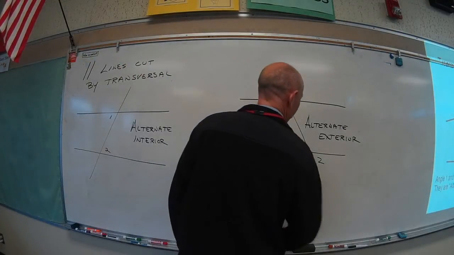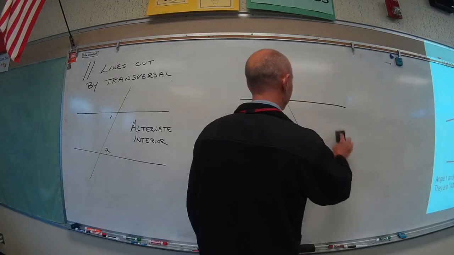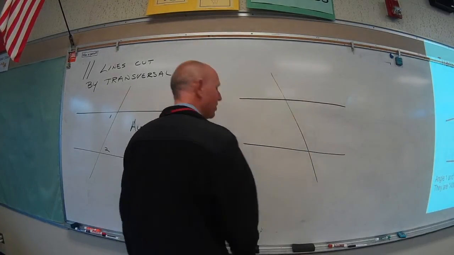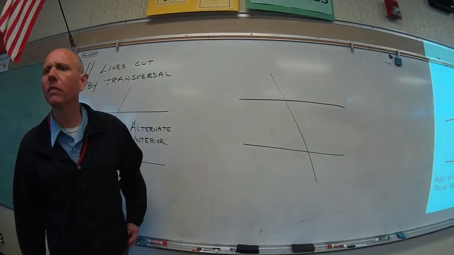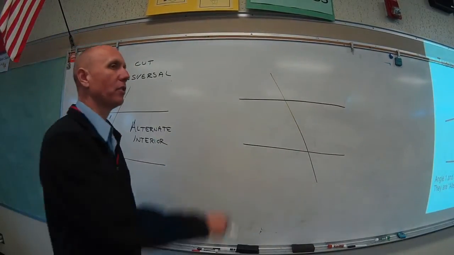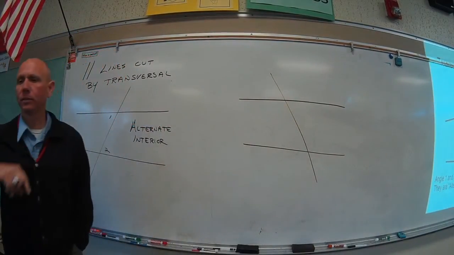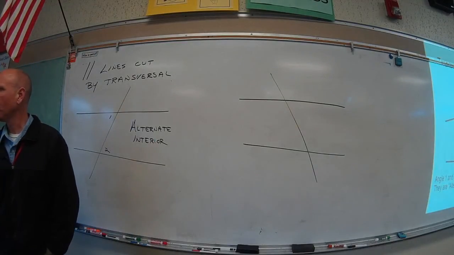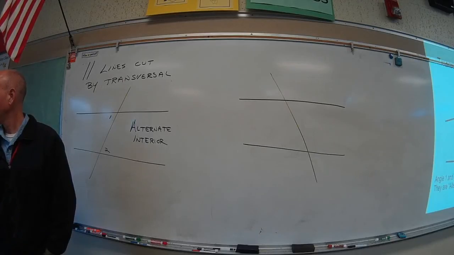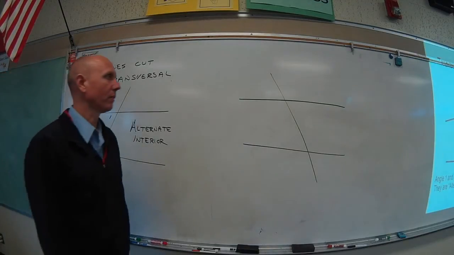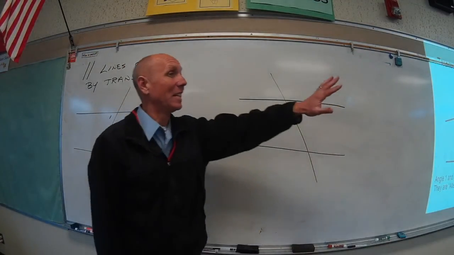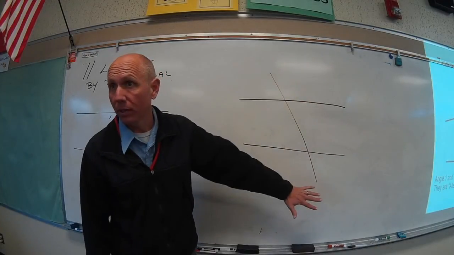Our last one, go to another box. Actually, I'm going to add 2 more boxes. All right, now. Good. Give me another parallel lines with the transversal. How many angles are up here? 8.